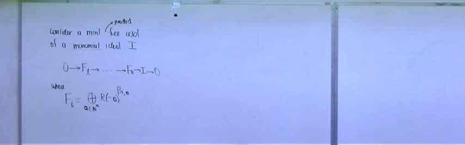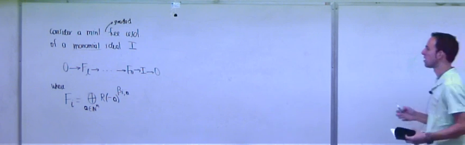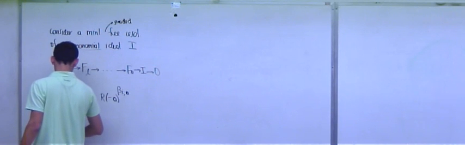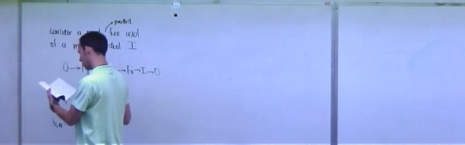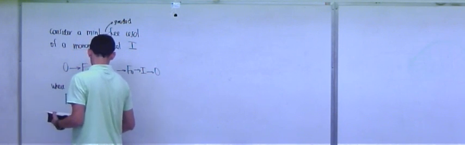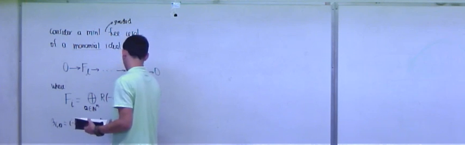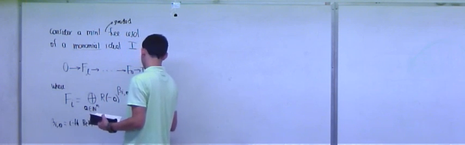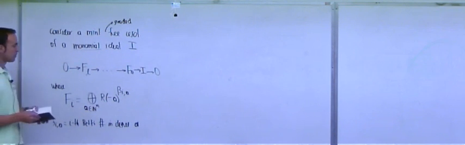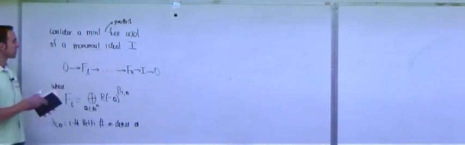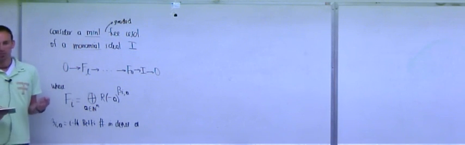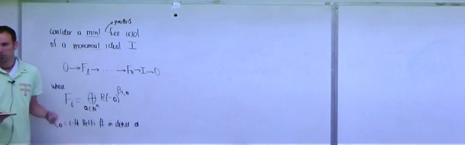So I call this number beta sub I of A to be the ith Betti number in degree A. And you will remember that one thing that I mentioned about this is that the fact that you have a minimal free resolution, we said that basically there is a unique minimal free resolution up to isomorphism.